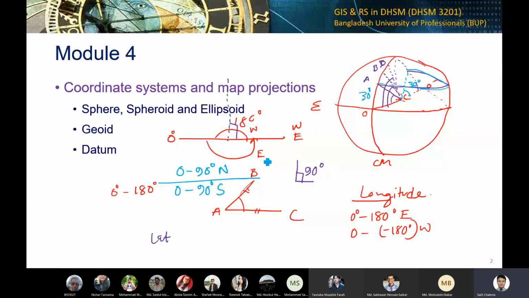Sometimes we consider the latitudes located on the northern hemisphere as positive, and the latitudes located on the southern hemisphere as negative. So if you see minus 89 degrees, you have to consider that this could be in the south.